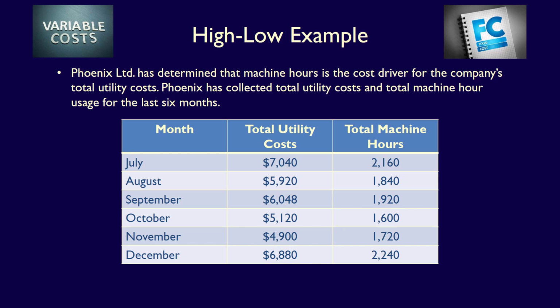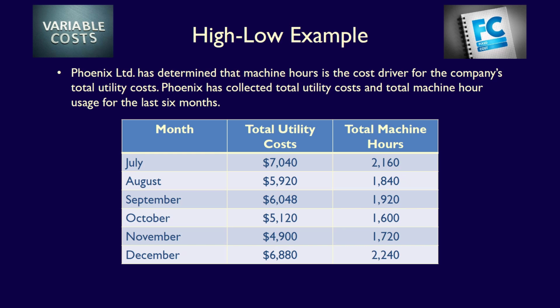We've got month, total utility costs, and total machine hours. July, $7,040, 2,160 machine hours. August, $5,920, 1,840 machine hours. September, $6,048, 1,920 machine hours.